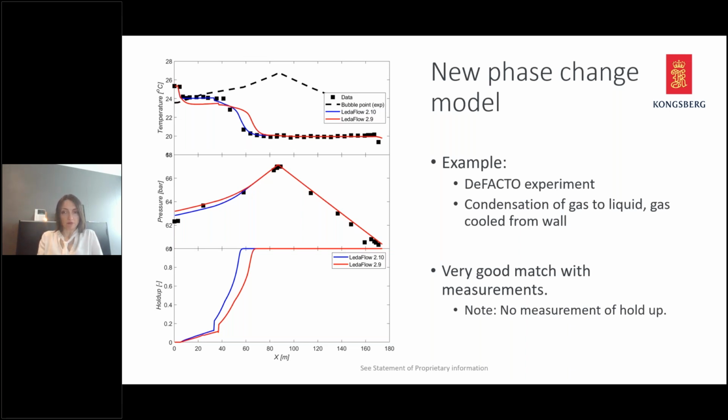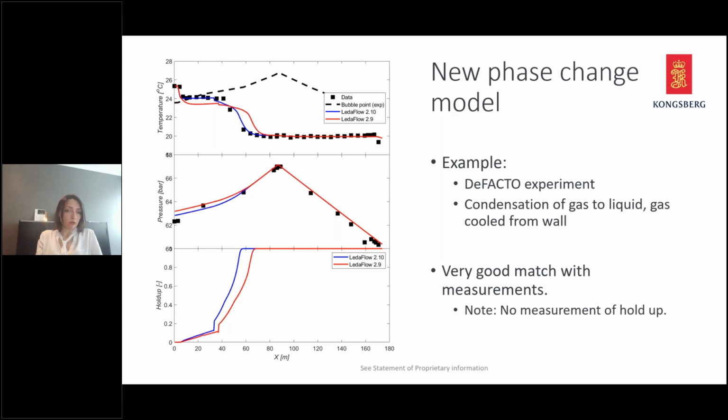You can see that it's a much better match than it was in LedaFlow 2.9. I should also mention that the new model keeps the temperature much better on the saturation line while there is a phase change, and that was the motivation to develop this phase change model.